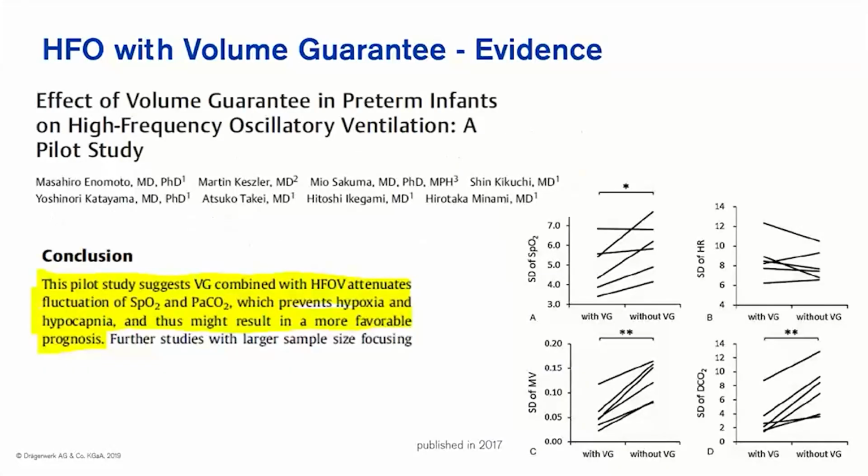The third one I want to show you is from Enomoto, and this is only a pilot study, so not many patients were involved here, but he also found out that high frequency combined with volume guarantee attenuates fluctuations of SpO2 and PaCO2, which prevents hypoxia and hypercapnia, and thus might result in a more favorable prognosis. However, this is a relatively small study.